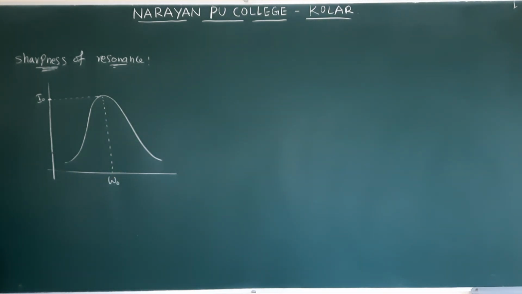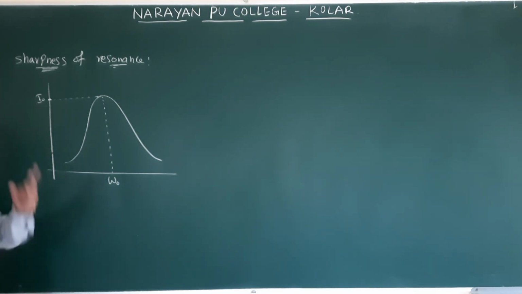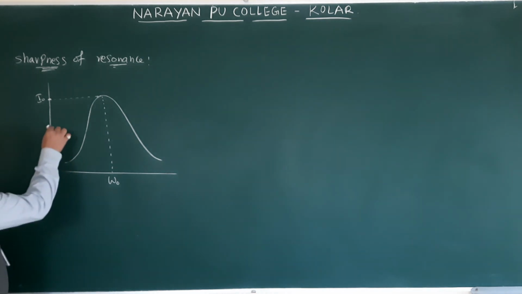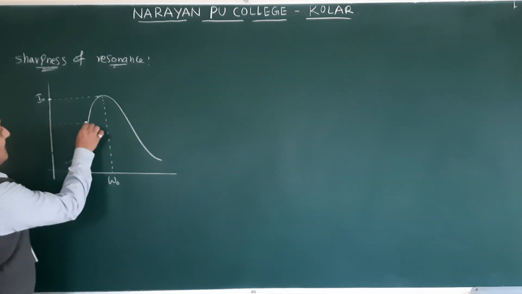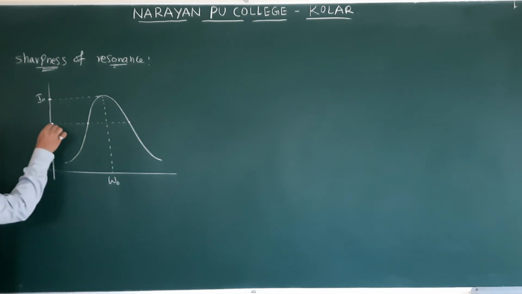Now half power frequencies means where the current is going to become I naught by root 2, at two angular frequencies. One is this point, another one is this point. Your current value is how much now?